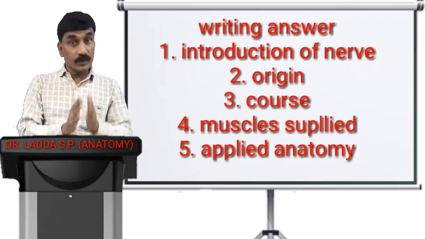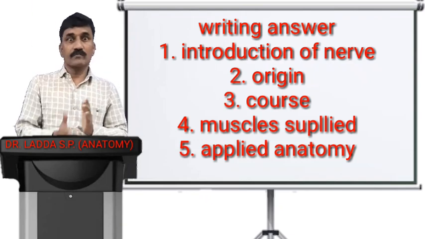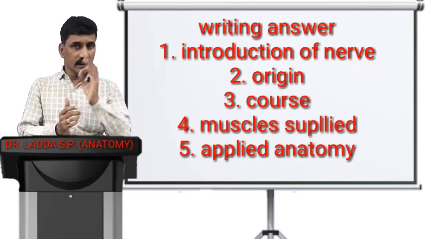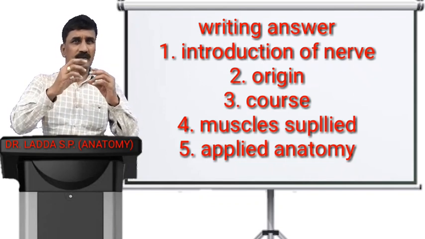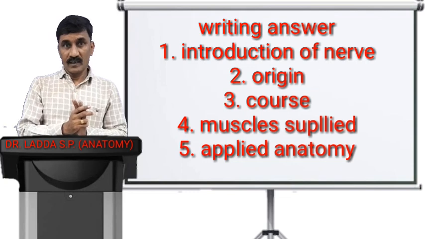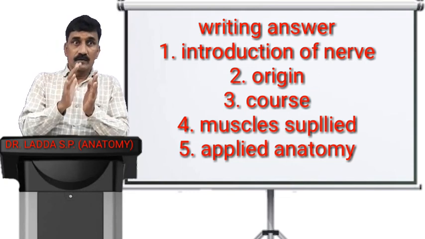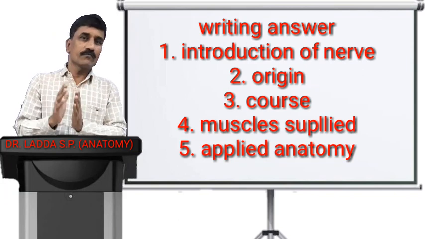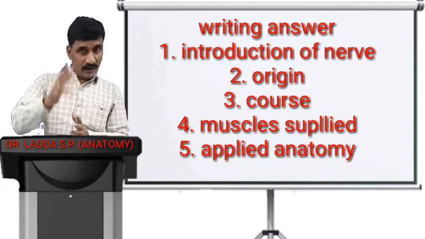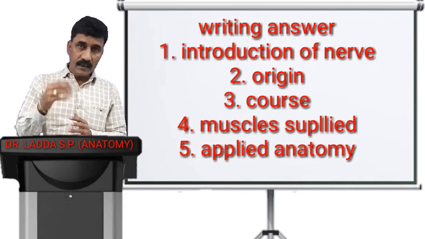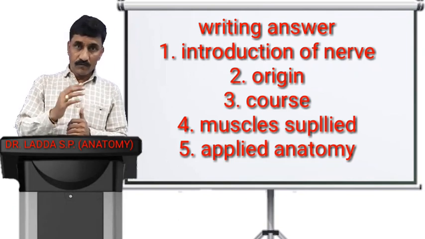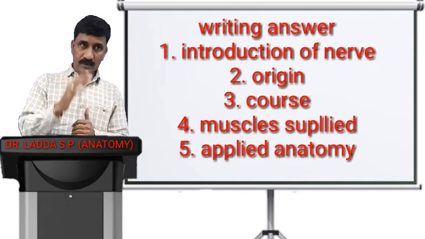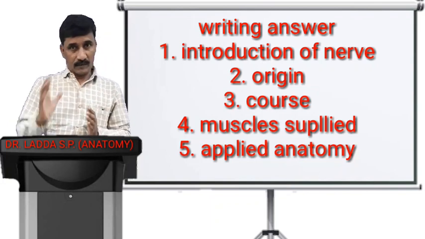Now the remaining 40% is the course of that nerve and 10% is applied anatomy and your nerve supply and blood supply. So these things help to simplify the study of anatomy. And now among all these muscles, let me explain which are supplied by the median nerve and which are supplied by the ulnar nerve.